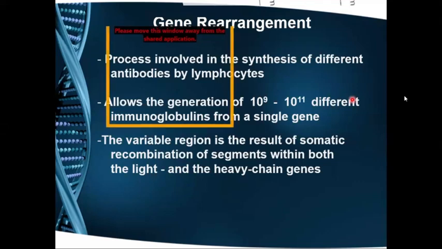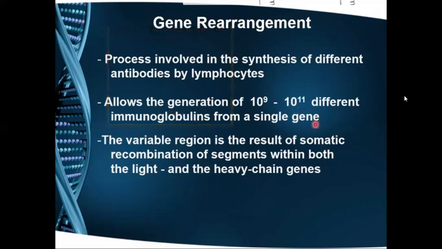Then gene rearrangement. This is the process involved in the synthesis of different antibodies by lymphocytes. It allows the generation of millions of antibodies coming from a single gene. Okay?